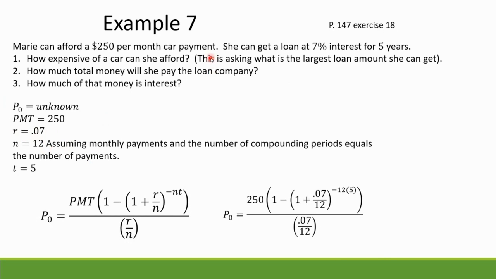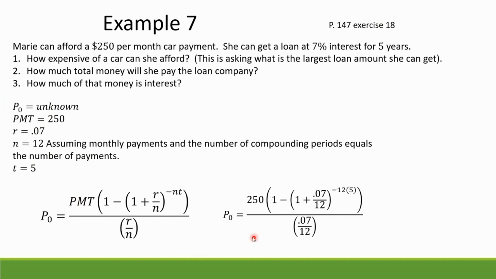She's making monthly payments, so N is going to be 12. It's compounded 12 times a year, as often as we're making monthly payments. And this is for 5 years. So P0, that's unknown.